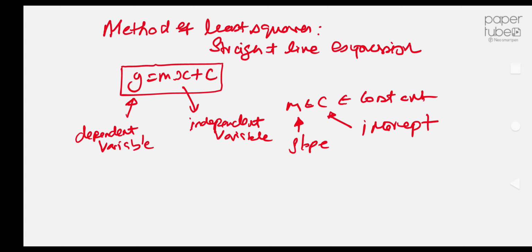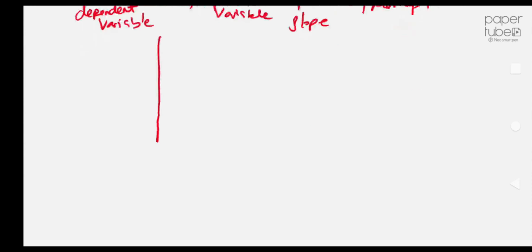This is a very common expression that you will use in chemical engineering. Most of the data will follow a simple straight line equation. Just for example, let's say you have x plotted on the x-axis, and some dependent variable which we label as y, plotted on the y-axis.